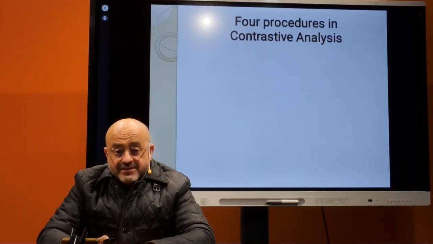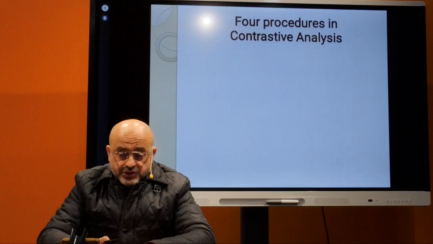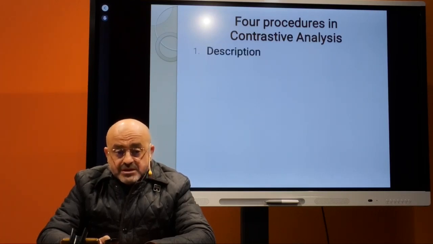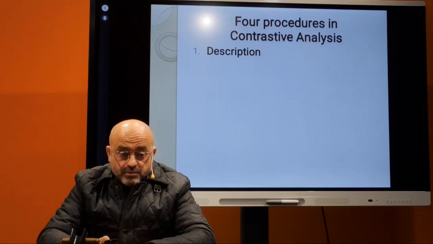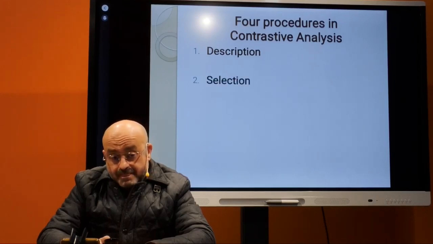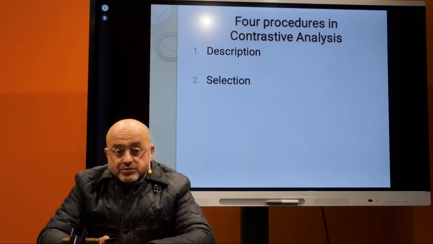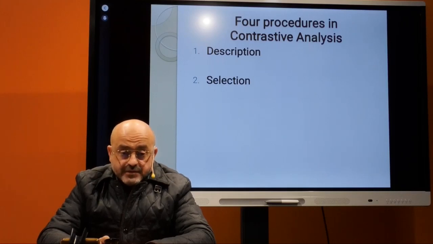Now, in contrastive analysis, we have 4 procedures, namely description. So first, we need to describe the 2 languages using formal grammar and trying to describe different aspects of both languages. Now, of course, it is virtually impossible to compare and contrast all aspects of 2 languages.